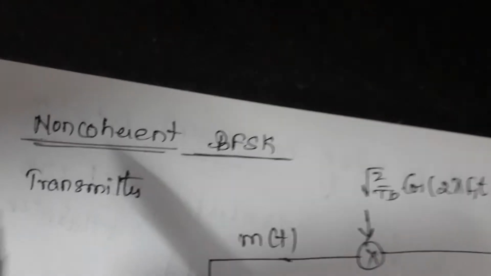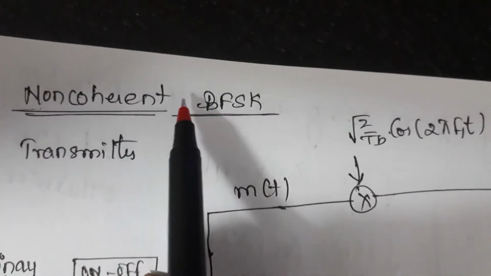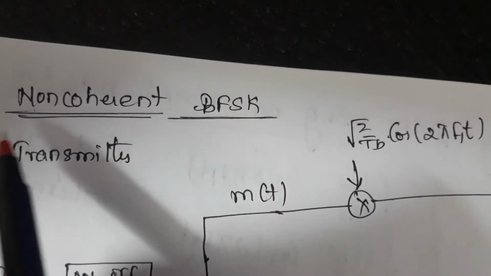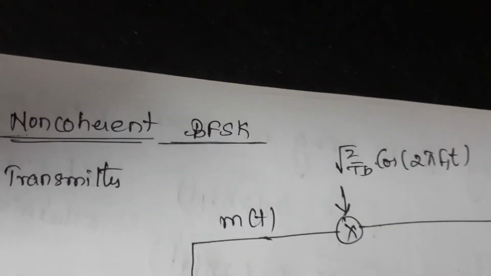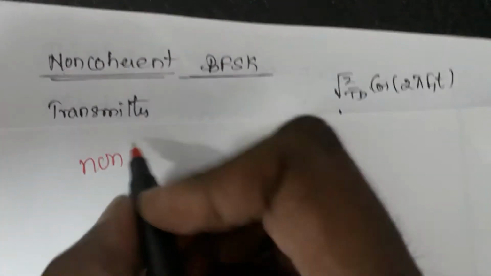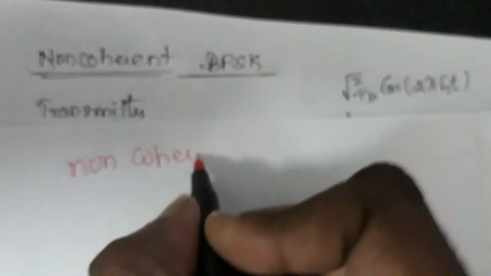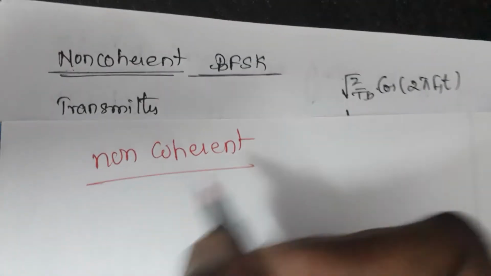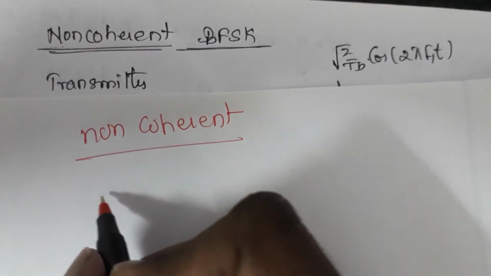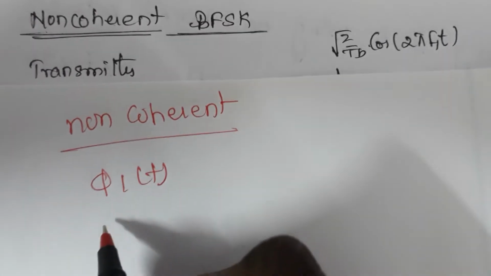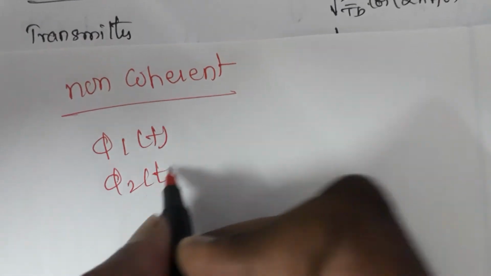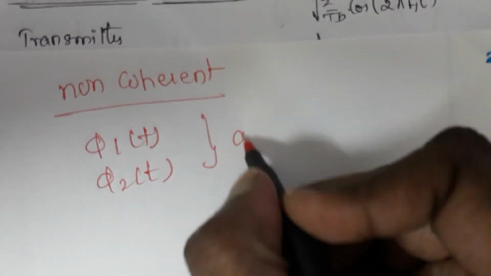The next part is non-coherent FSK. As the name says, non-coherent. So I am going to explain what is non-coherent. In case of non-coherent, you are not supposed to use the carrier phi 1 of t or phi 2 of t at the receiver.